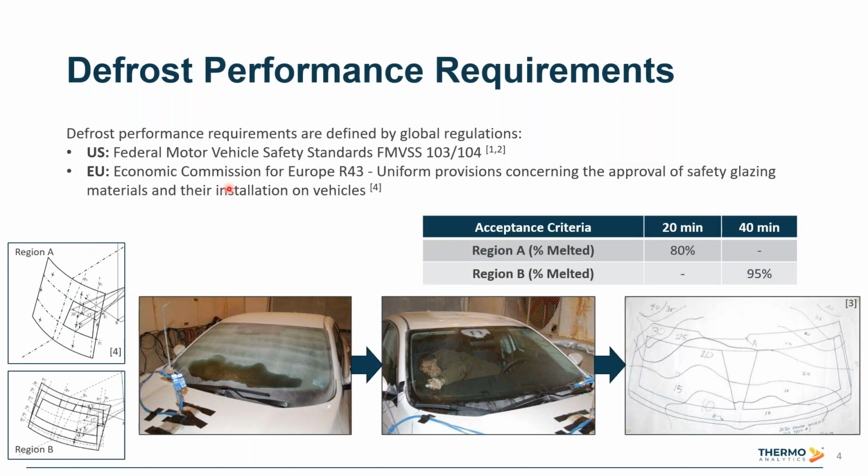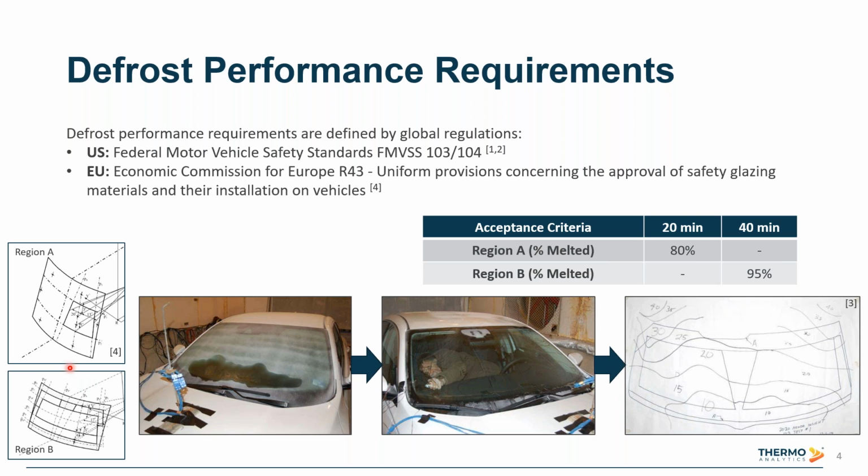So defrost performance requirements are imposed by global regulation. In the US, this is in FMVSS, for the EU in ECE regulation number 43. Essentially what we're doing in these test procedures is we're segmenting the windshield into various regions or zones. You can see some images here on the left dictating how these regions should be defined.